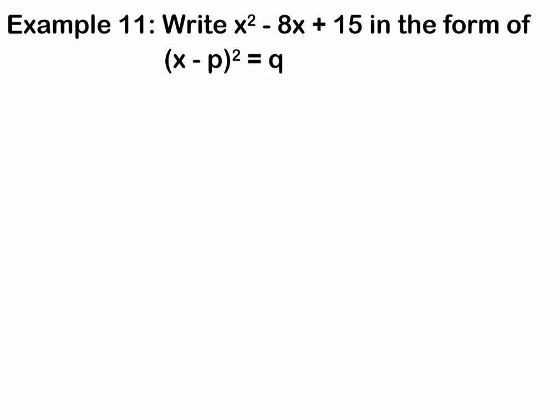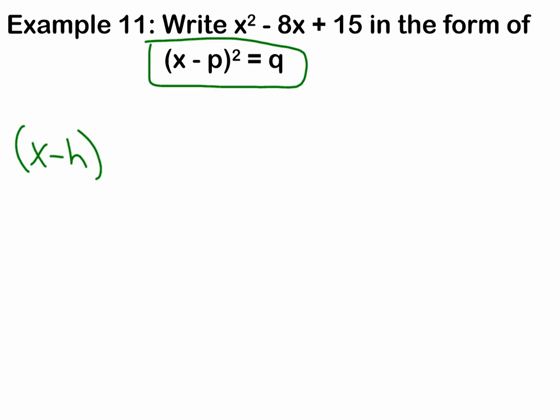Now, when we take a look at example 11, sometimes they're going to ask the exact same question, but in a different way. So notice this says, write x squared minus 8x plus 15 in the form of (x minus p) squared equals q. Well, if you notice, our vertex form is pretty similar to this.